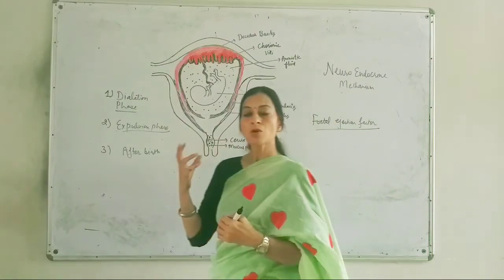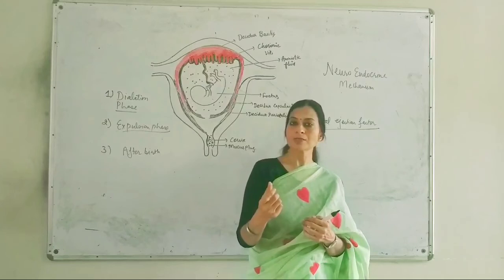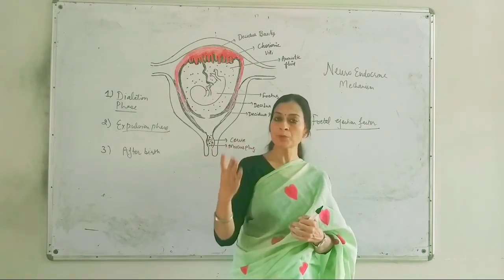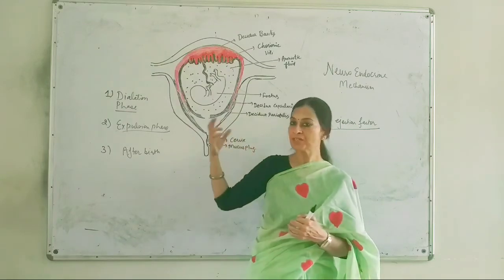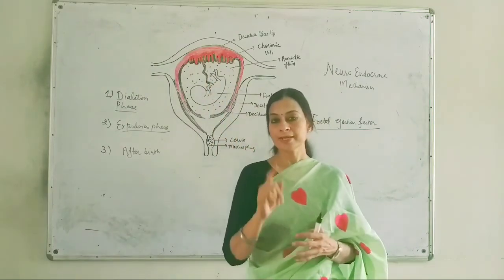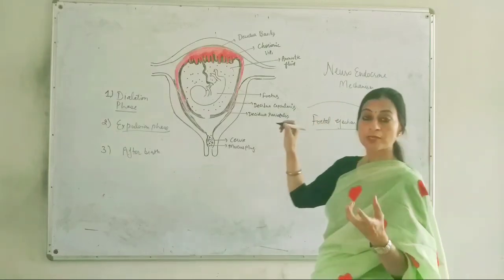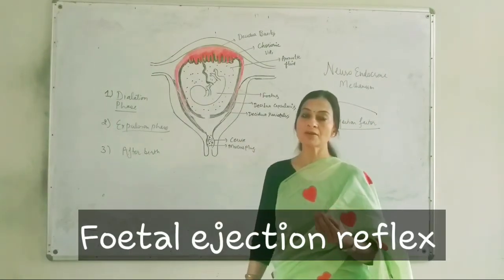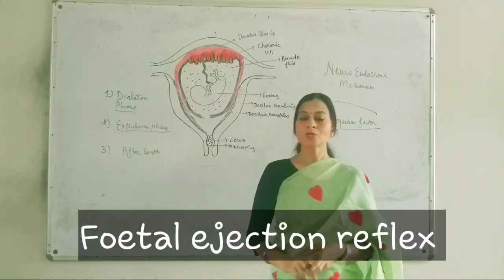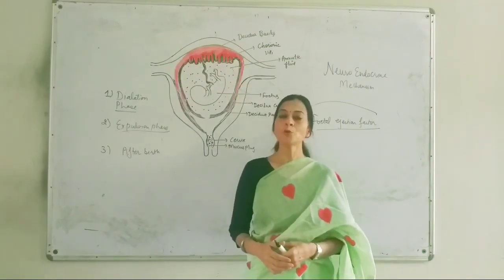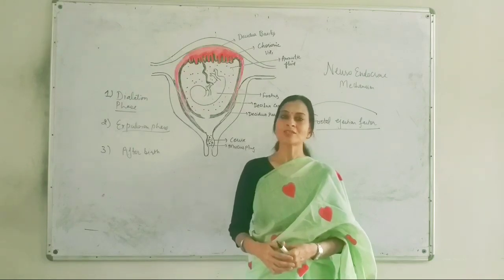Because oxytocin release was stimulated, meaning the posterior pituitary gland was stimulated by the fetus and placenta itself, that's why we have said that this is a fetal ejection reflex. So this is the process of parturition, and I hope this lecture is clear to you.